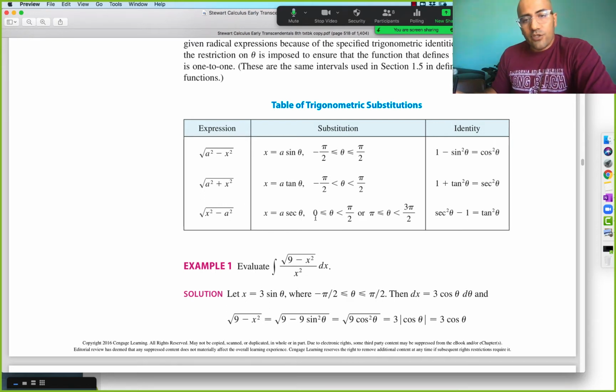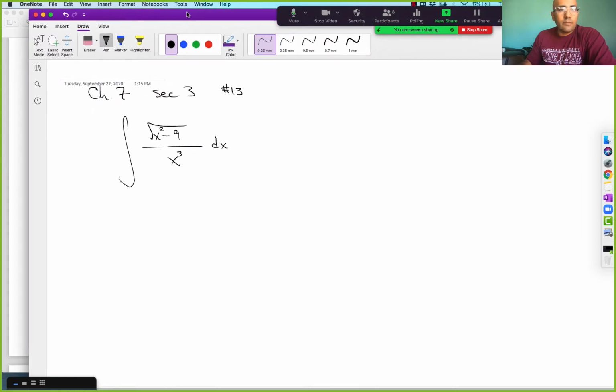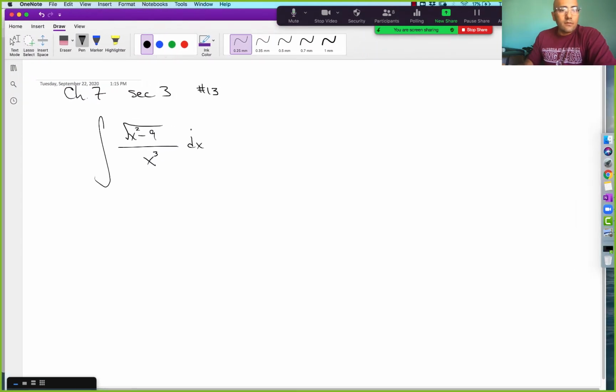The restriction is that theta must be either in quadrant 1, from 0 to pi over 2, or from pi to 3 pi over 2, that's quadrant 3, to make that a 1-to-1 function. So we proceed with that in mind.